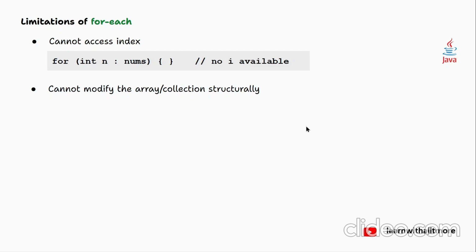Structurally means its organization, its order. I cannot insert an element or delete an element, such things are not possible using this for loop. You can do structural changes, but use some other technique. Using this for loop, it is not possible. So cannot modify the array or collection structurally means its organization, how it is stored sequentially or in a hash. I cannot insert an element in the middle, drop an element, or change the value of an element, modify that value. So I cannot do that.